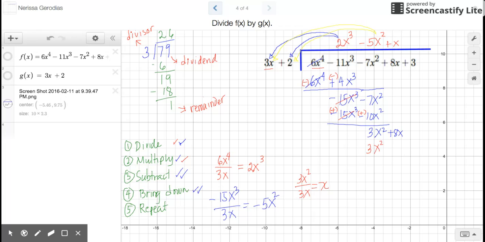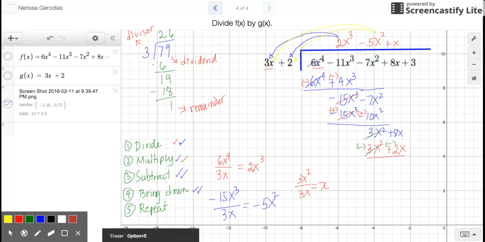X times 2 is 2x, positive. We will change the sign. We take the opposite, add the opposite. This will be 0. And 8x plus negative 2x is 6x. And there's one more term to bring down, the 3.